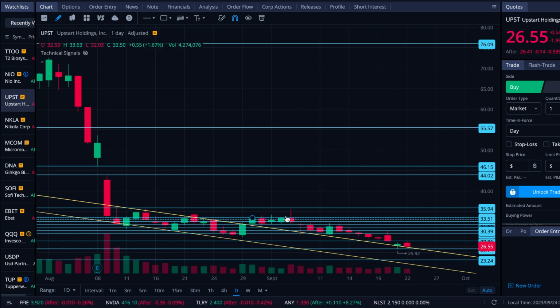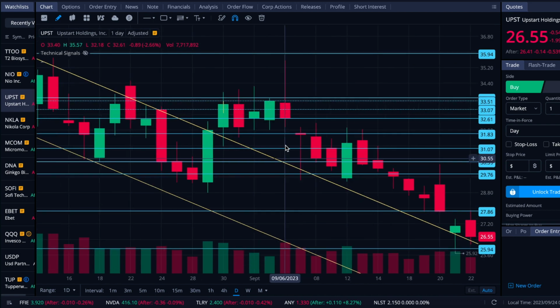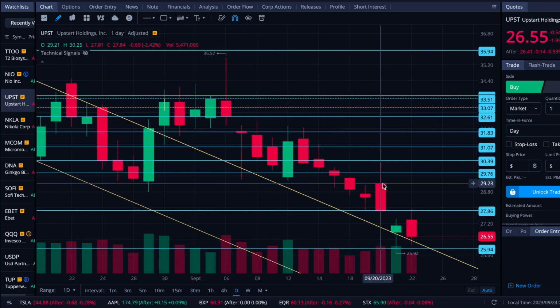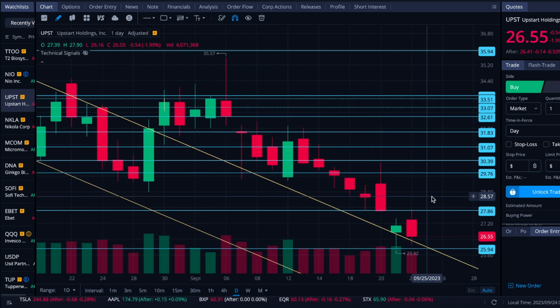And then it was just too easy for it to draw right back in to test that channel on this candle. And then it's just continued to essentially follow the upper realm of the channel down as what I can sort of coin as downtrend support.